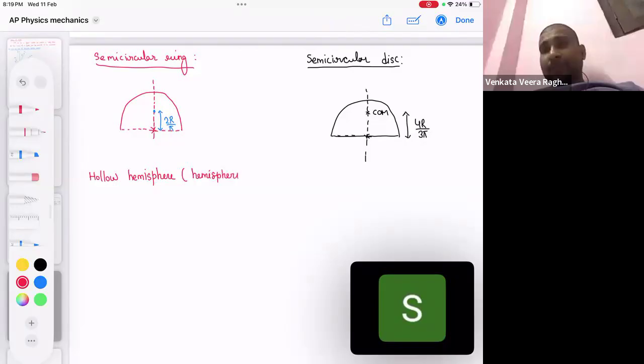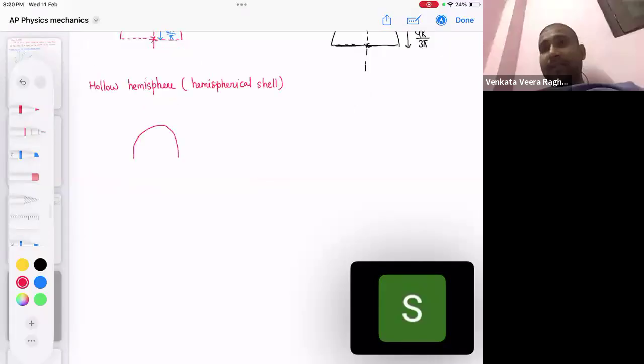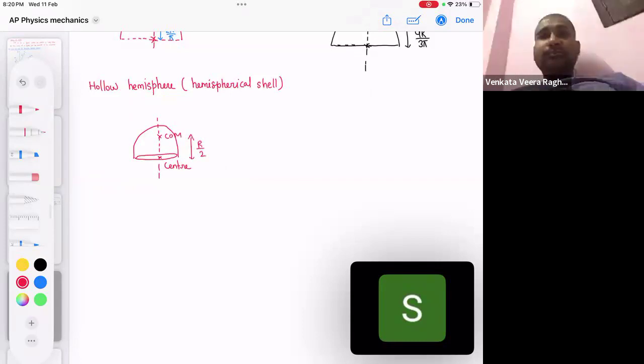Hollow means there is no mass inside. So where will the center of mass come in this case? Here, this is the center, and this is the center of mass. That is R by 2.